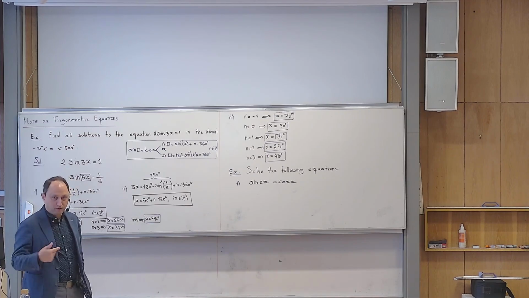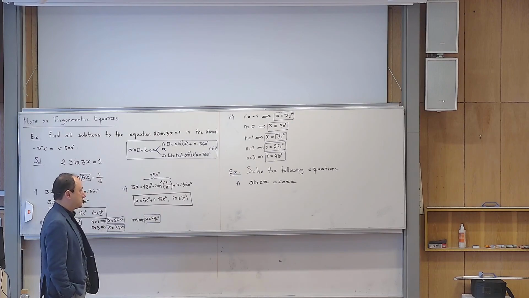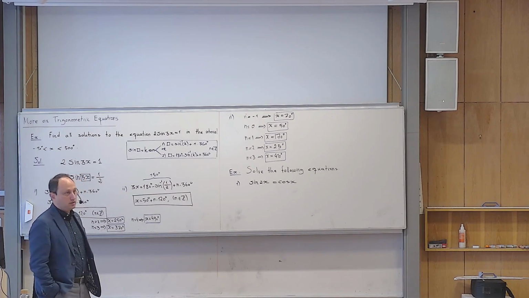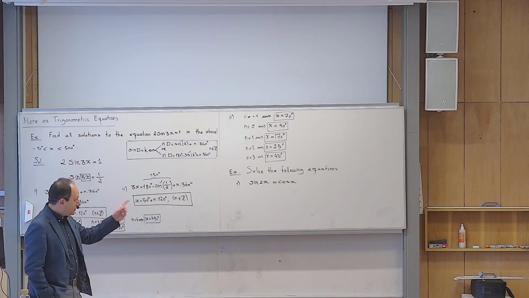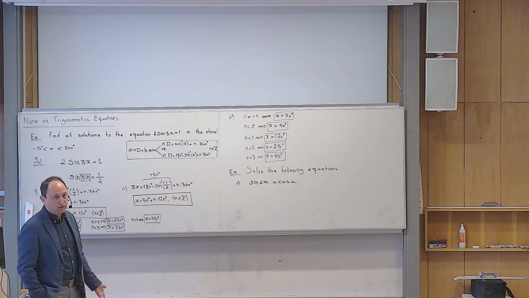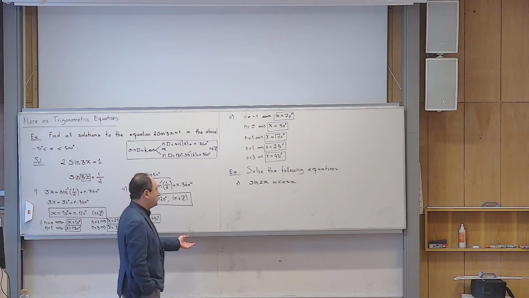We already have the formulas for these cases. But of course here I have sine 2x on one side and cosine x on the other side, so it is not standard yet. You have to change it to a standard form, okay?